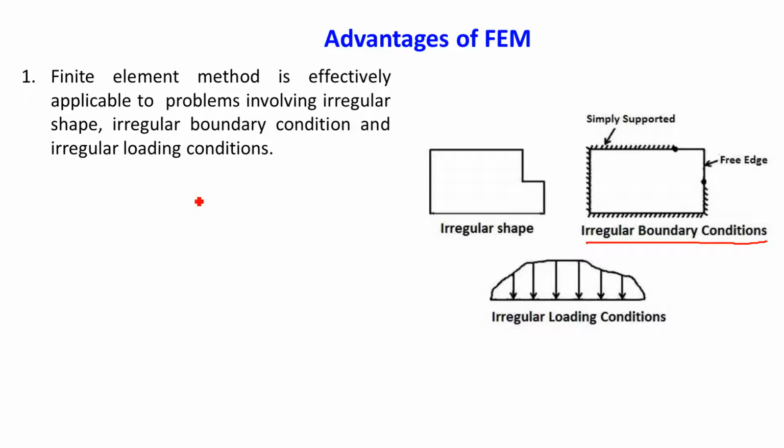And the third point is irregular loading conditions. Irregular loading means, in civil engineering or any other engineering discipline, commonly known loading conditions are sinusoidal load, uniformly distributed load, point load or varying load at the most. But there are many other loading cases which are practically acting on the structure.